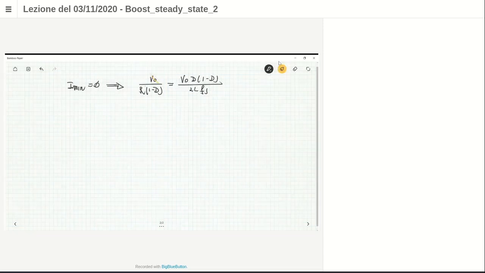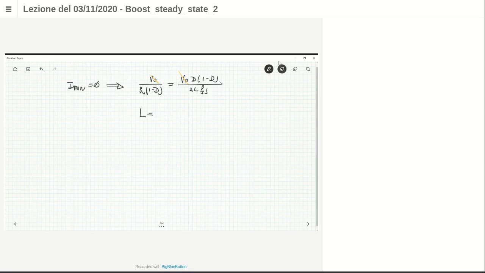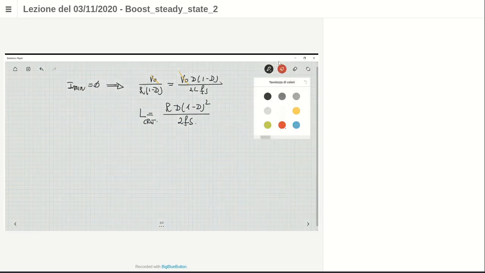So you can simplify this expression, and simplifying it, you can derive the inductance L. Inductance L is R multiplied by D times 1 minus D squared, divided by 2 Fs. And since this inductance holds for the critical boundary mode, you can call it the critical inductance.